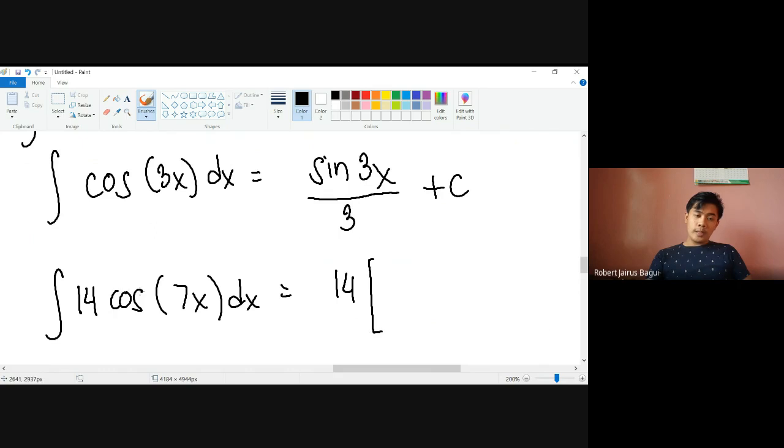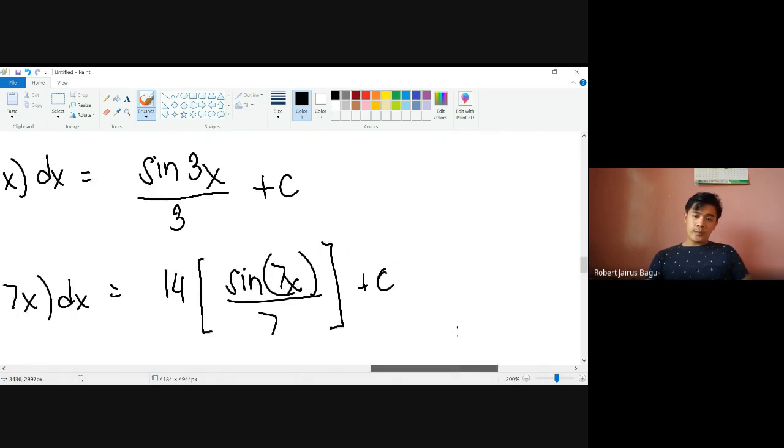Yung magiging integral ni cosine, that would be again sine 7x all over 7 plus c. Pwede nating further simplify, 14 divided by 7, that would be 2 sine 7x.